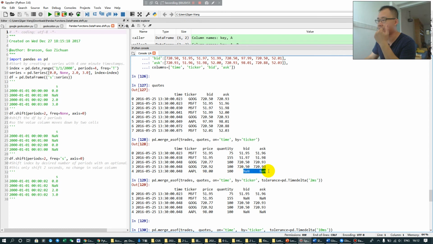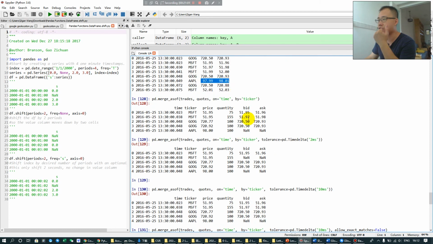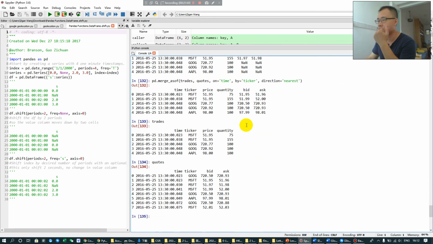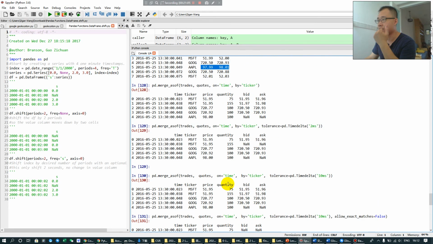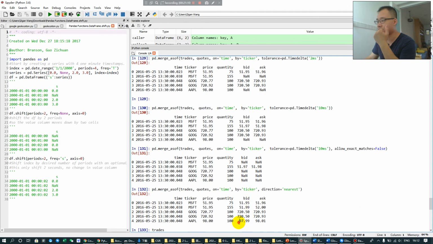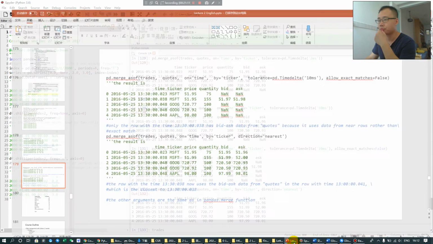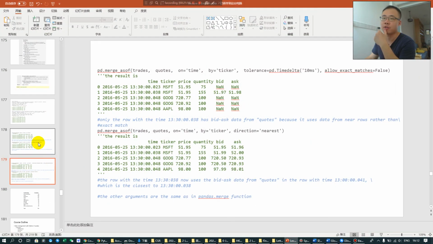Therefore, we have the NaN here. But since we specify the direction value as nearest, this observation can be merged into the new combined data. 97.99, 97.99. Okay. So this is merge_asof.